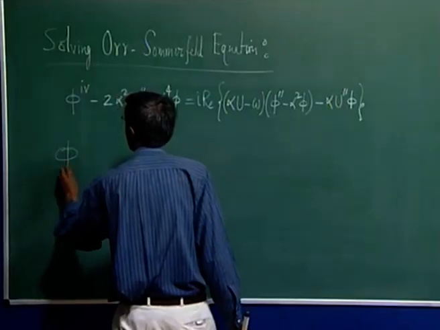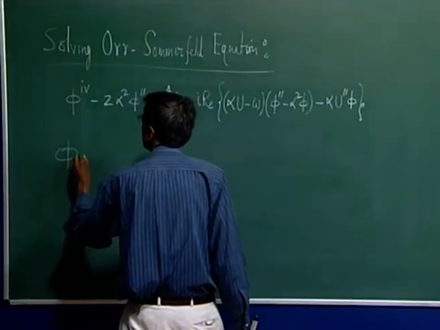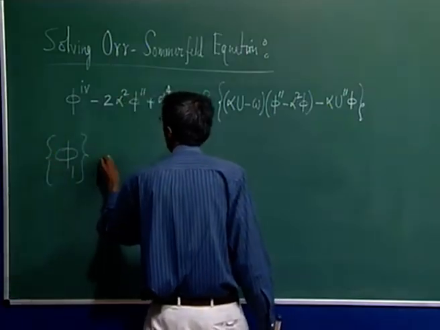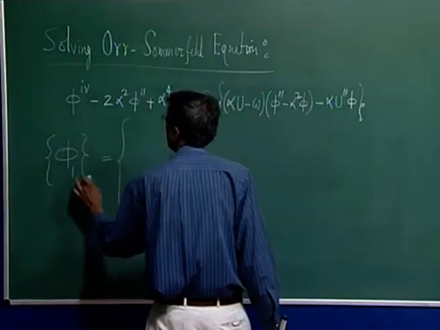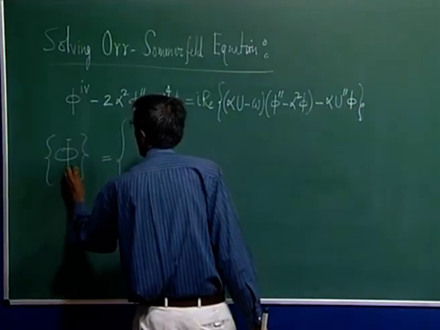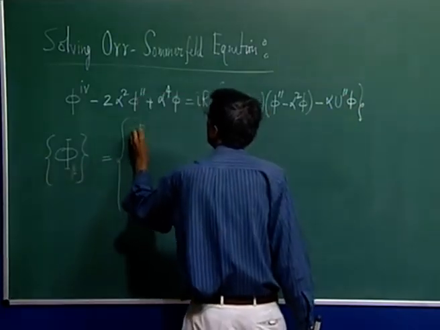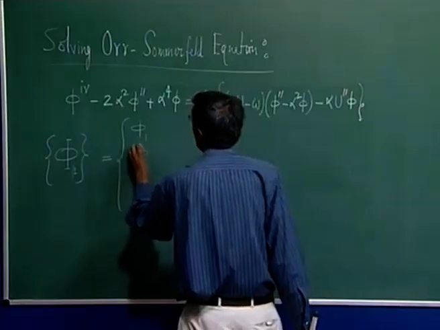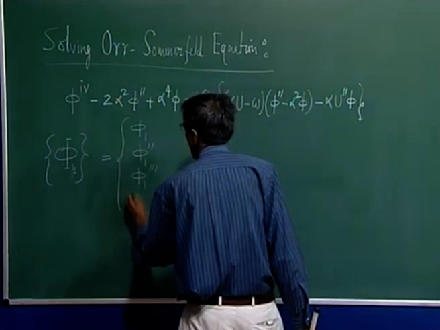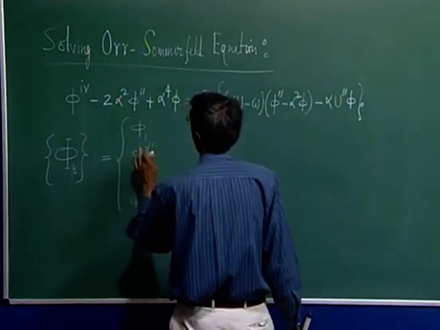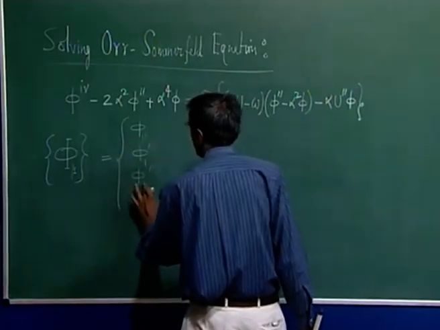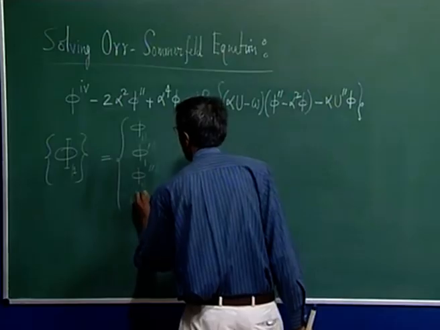Say for example, if I talk about phi 1 solution vector, let us call this capital phi 1, one of the modes. So, it will have phi 1, phi 1 prime, phi 1 double prime, and phi 1 triple prime.